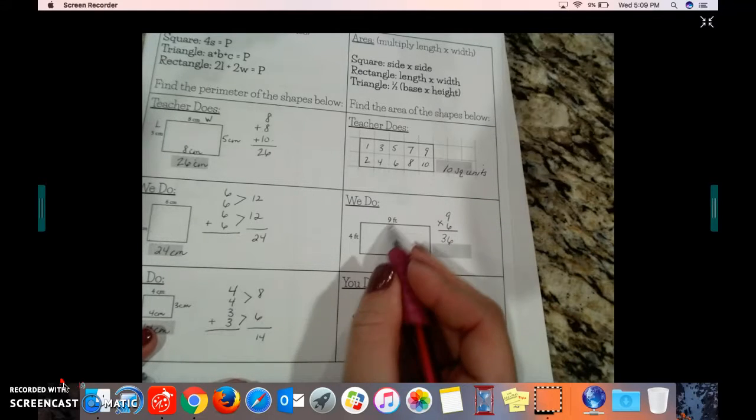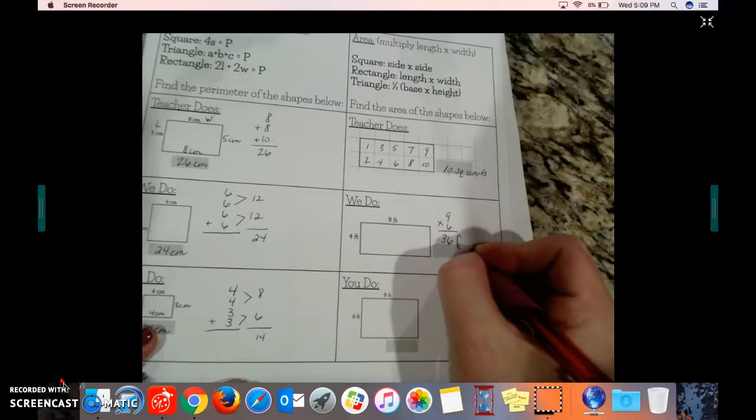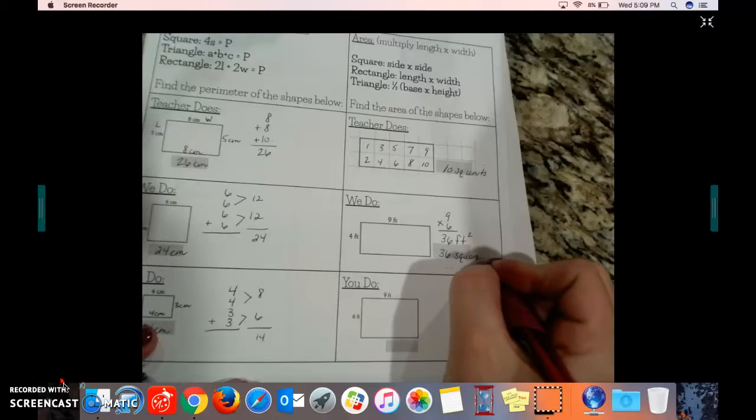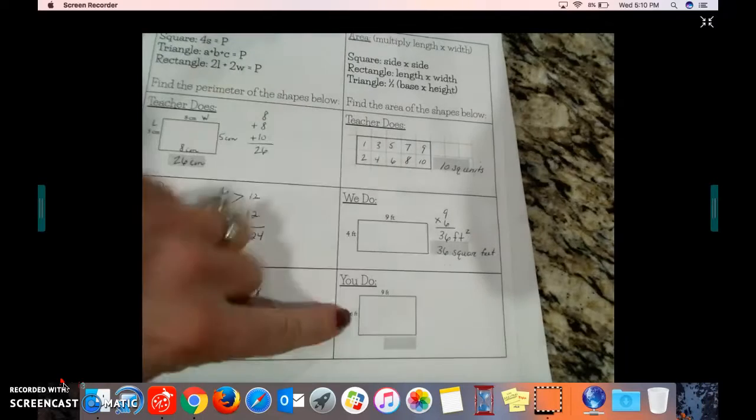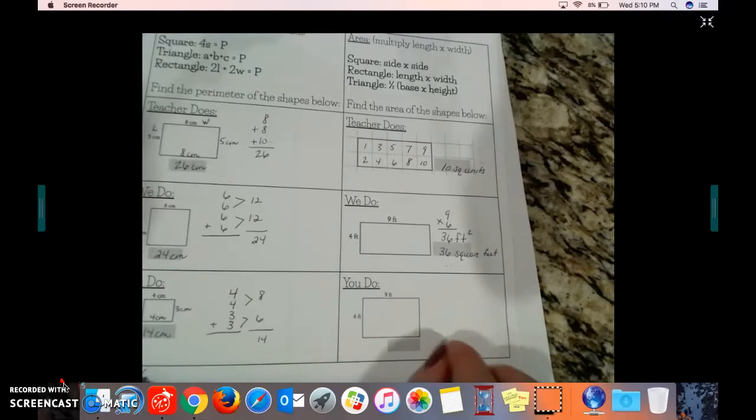In this case, I have feet, so I want to make sure that it's square feet. So I could write feet with a little 2, or I could also write it 36 square feet. Okay? It's very important that you have the unit, and you also identify whether it's just a regular unit as in perimeter, or it's a square unit. So that tells us whether it's perimeter or area.